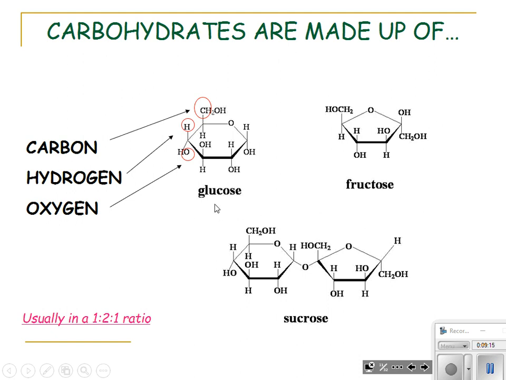Now, let's go back to this again. Right here, an example of a monosaccharide would be glucose. Another example of a monosaccharide would be fructose. An example of a disaccharide, the two of them combined, is sucrose. I haven't given you an example of a polysaccharide yet.